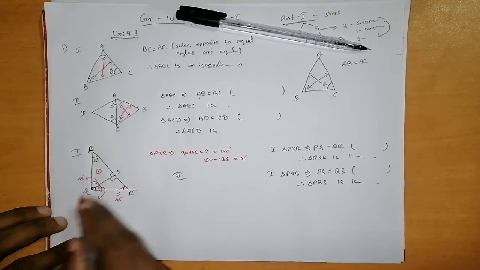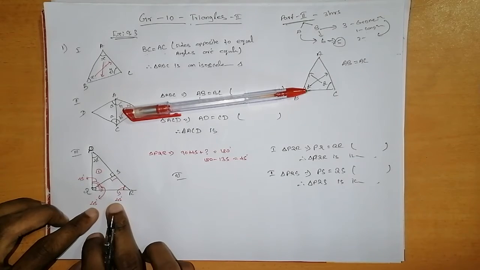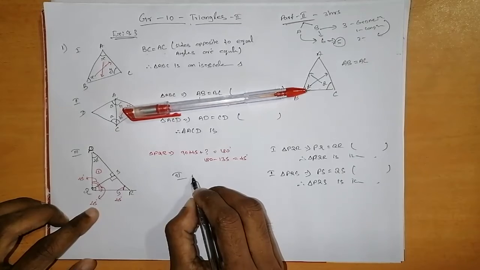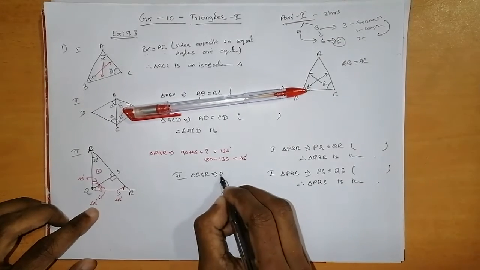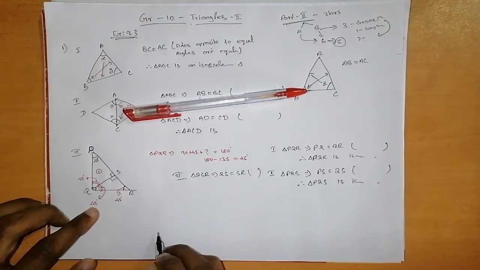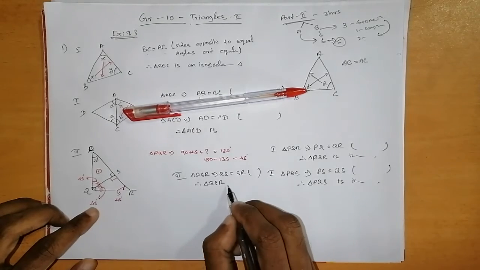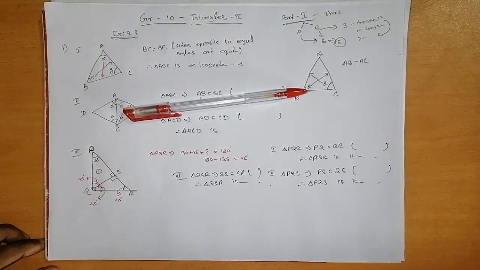So QSR has two equal angles, so we can find two equal sides. The sides are QS and SR. So in triangle QSR, QS equals SR. Write the theory. So QSR is also an isosceles triangle. That is our third question.